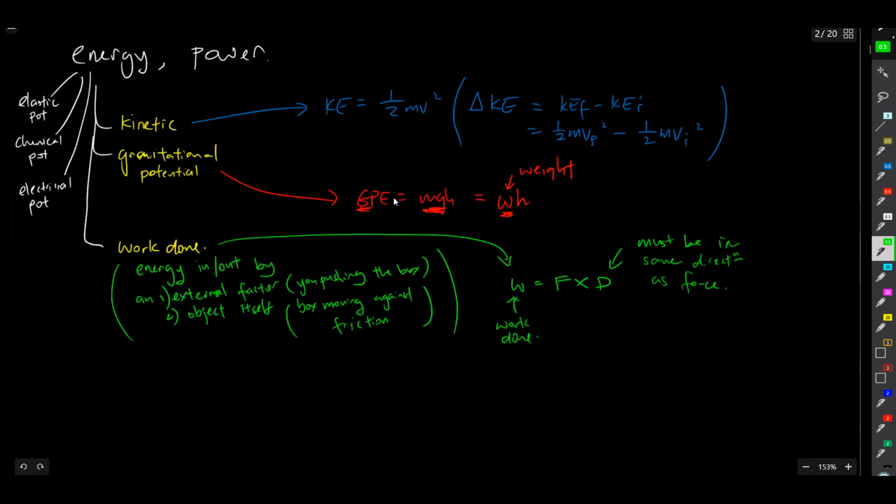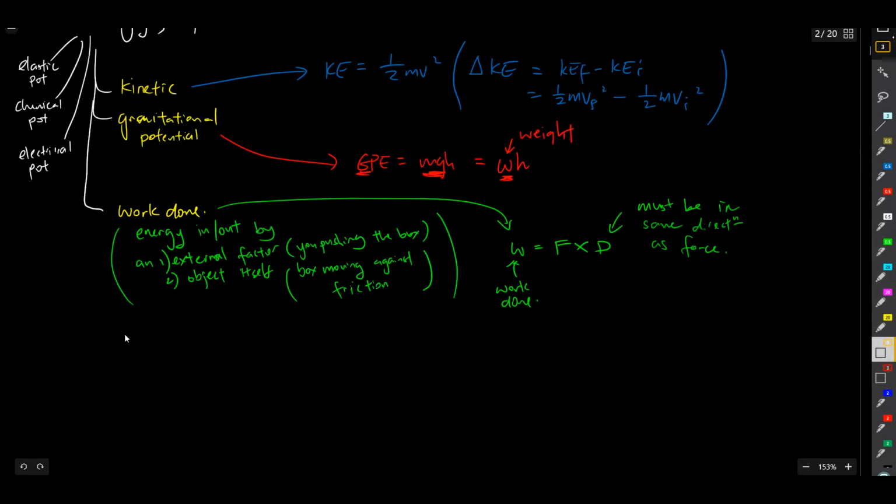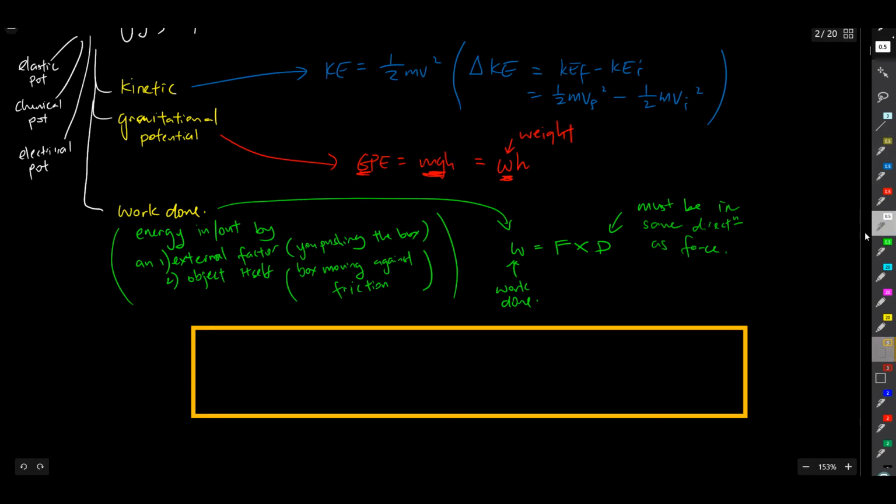Okay, so the grand formula for this chapter is actually here. I need you all to consider the KE initial plus the GP initial plus the work done on object initial, using the conservation of energy. We know that this will be equal to the KE final. If the object stops moving, KE final is just 0.